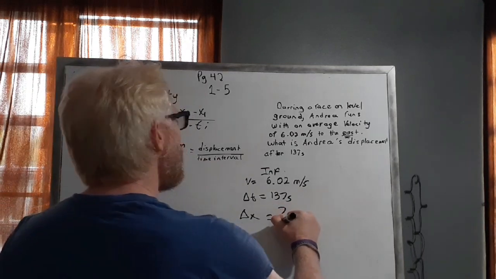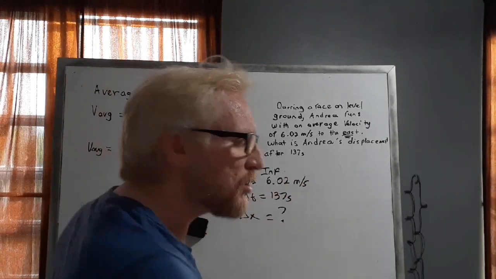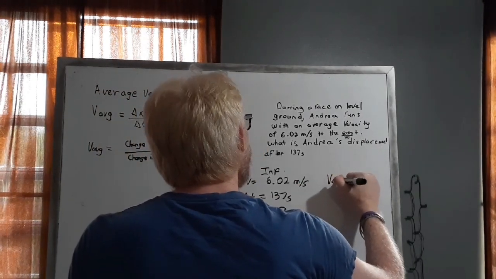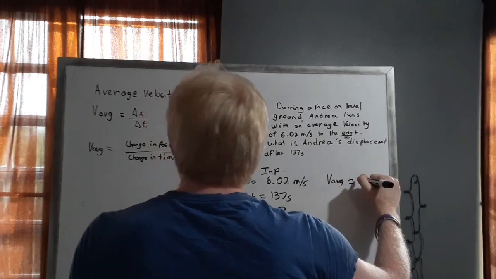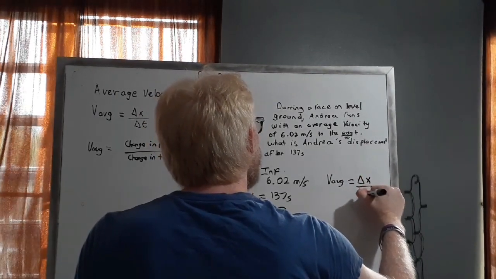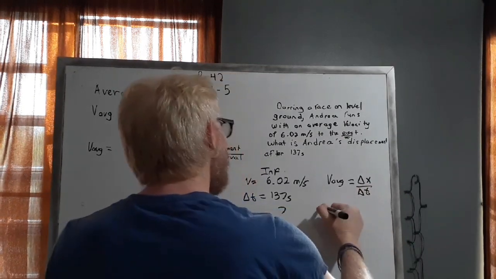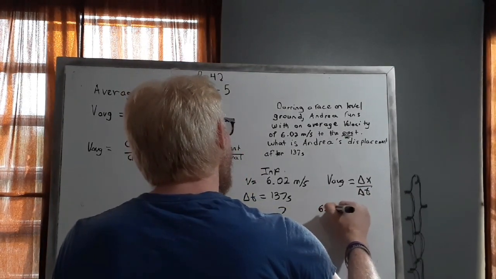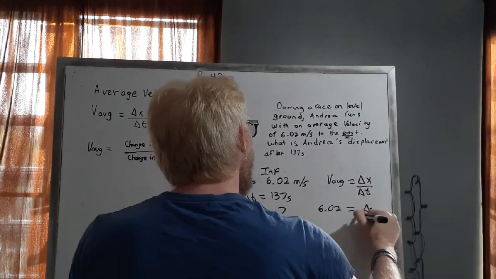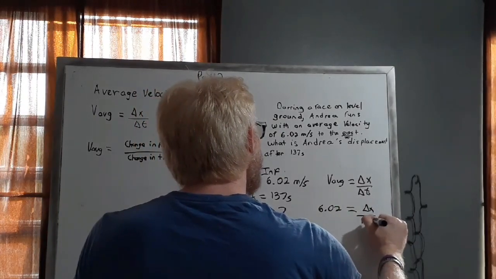So we're simply going to plug these numbers into the formula. Instead of saying v average equals the change in x over the change in time, we simply say 6.02, which is our average velocity, equals the change in x, which is what we're looking for, over 137 seconds.